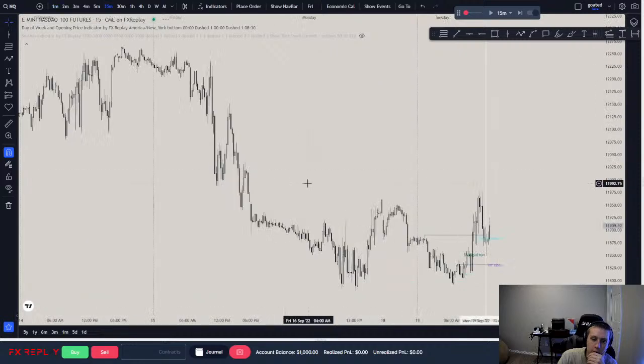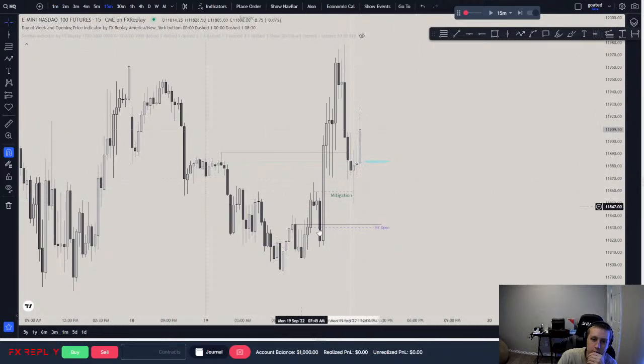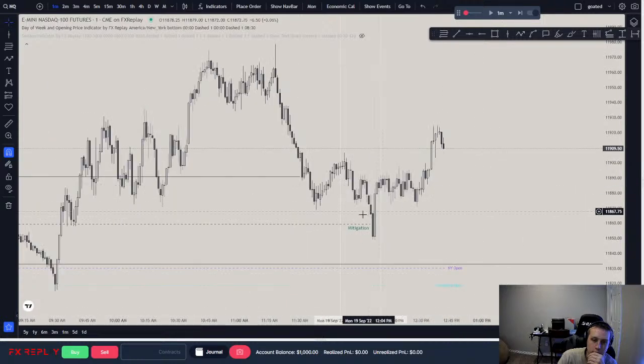We're gonna come into this 15-minute mitigation one more time, filling that fair value gap, returning to that order block here. Change in state of delivery, fair value gap in, fair value gap out.